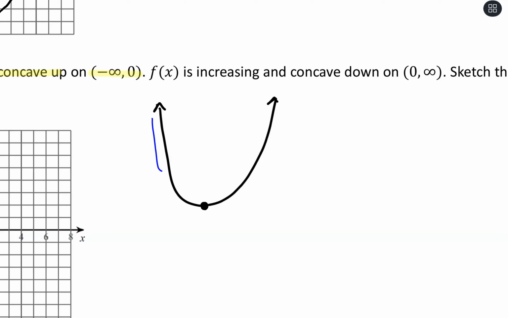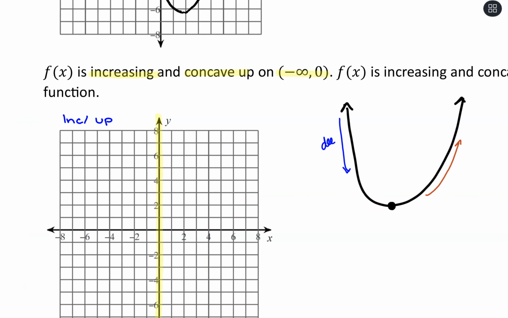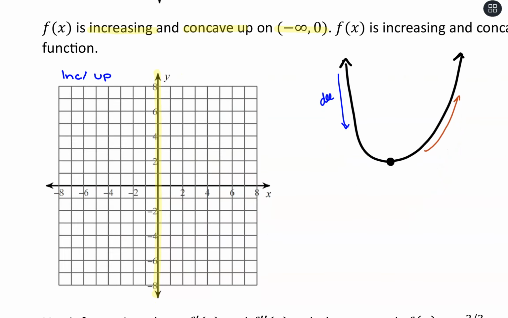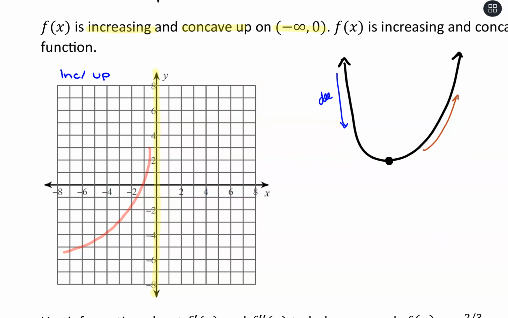The left-hand side of this shape is decreasing, whereas the right-hand side is increasing. So what I'm seeing on the left-hand side of this graph is more of this shape, the right half of this parabola. So I'm seeing something that looks like this on the left-hand side of the graph.